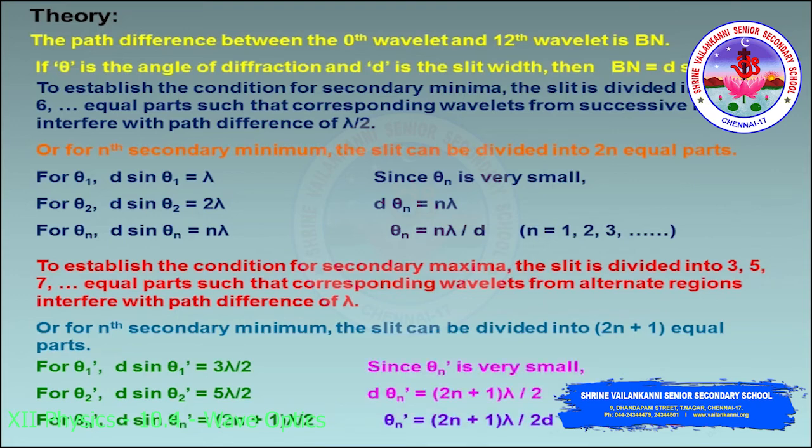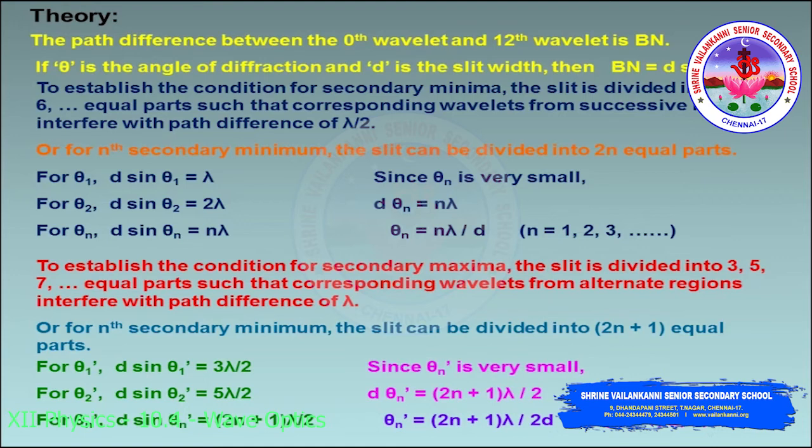Got it? So here theta n equals 2n plus 1 lambda by 2d, because theta n is very small, with n equals 1, 2, 3 till n. Got it? So this is for the position of minima and the position of secondary minima also, right?